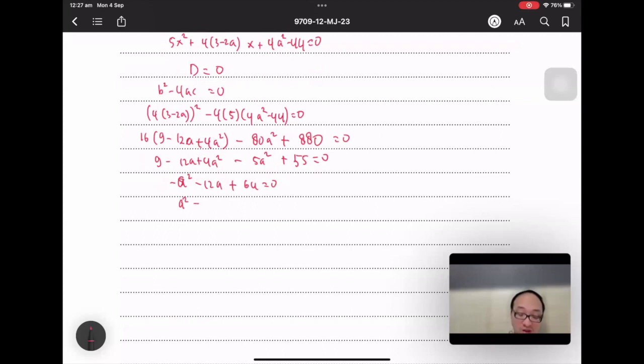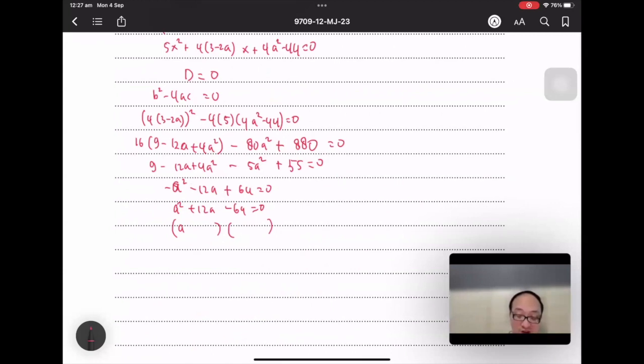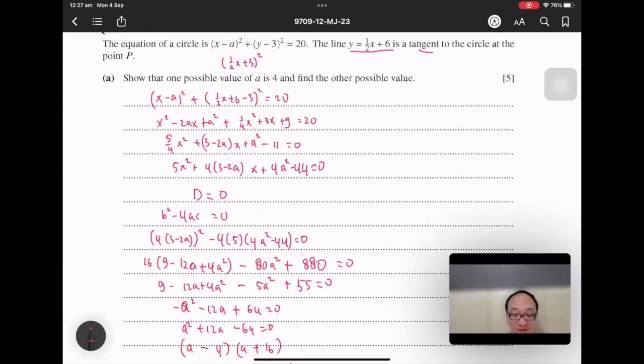So a squared plus 12a minus 64 equals 0. So this is 4 and 16, so plus and minus. So a equals 4 or a equals negative 16. So shown, yeah?